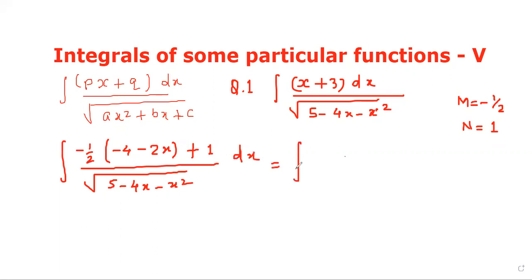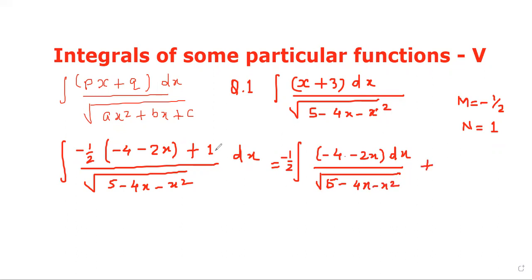We can write it separately like minus 1 by 2 integration (minus 4 minus 2x) dx divided by root of 5 minus 4x minus x square, plus integration dx divided by root of 5 minus 4x minus x square.